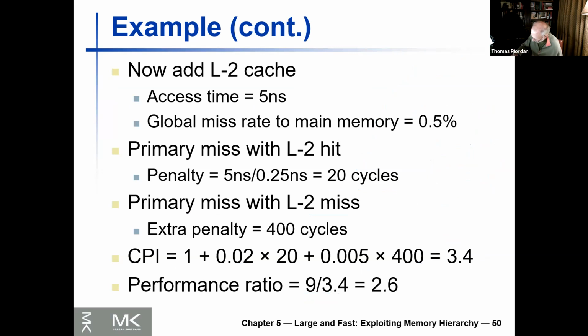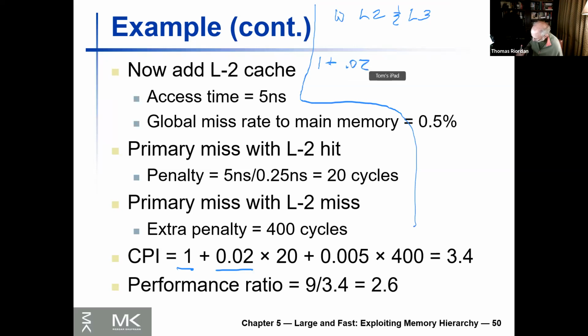So with L2 and L3, the equation will be 1, there's the 1, plus 0.02 times 20. So that's the L1 to L2 miss penalty, 20 cycles.